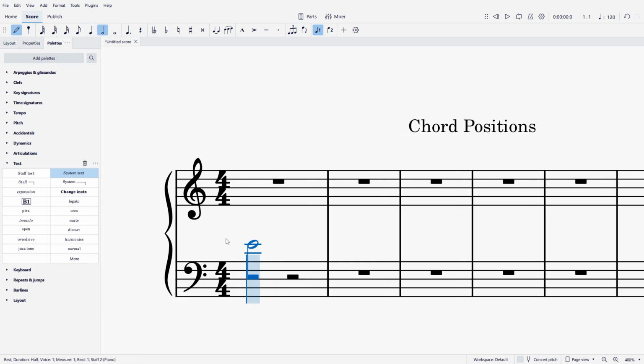So we'll start with the C major chord. Now, a closed position means the tenor and the soprano have less than an octave between them in intervals. For example, between the C and the G here, we have a perfect fifth, and that makes it a closed position.